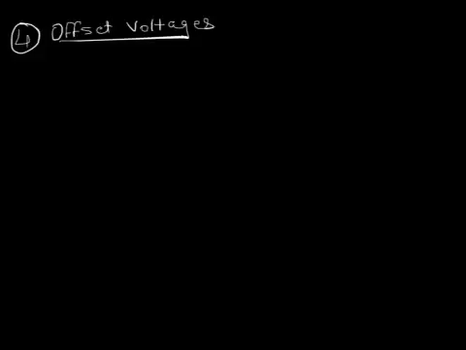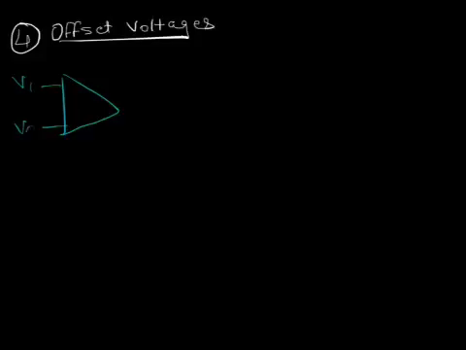The last parameter that we are going to talk about is offset voltages. There are two kinds of offset voltages, input and output, and the two of them are basically related. Like what we just spoke about, offset is some kind of difference.